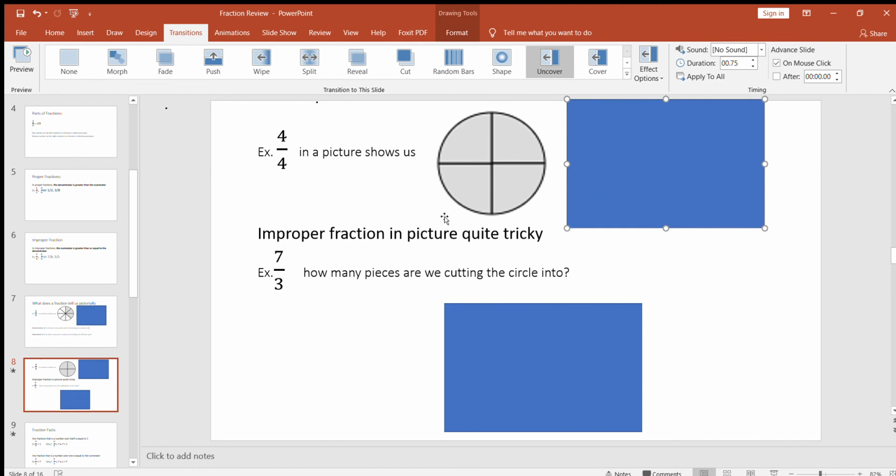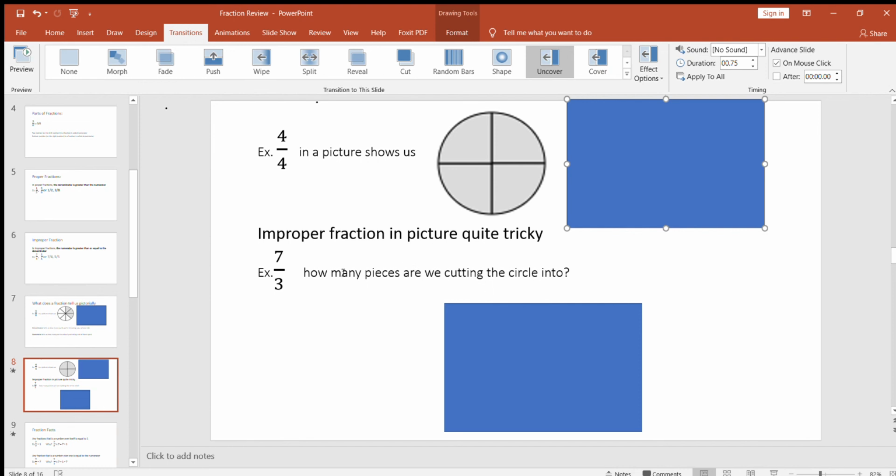Now, how about improper fractions? Improper fractions look tricky, right? But let me ask you guys a question. In 7 over 3, that's our improper fraction, how many pieces are we cutting the circle into?